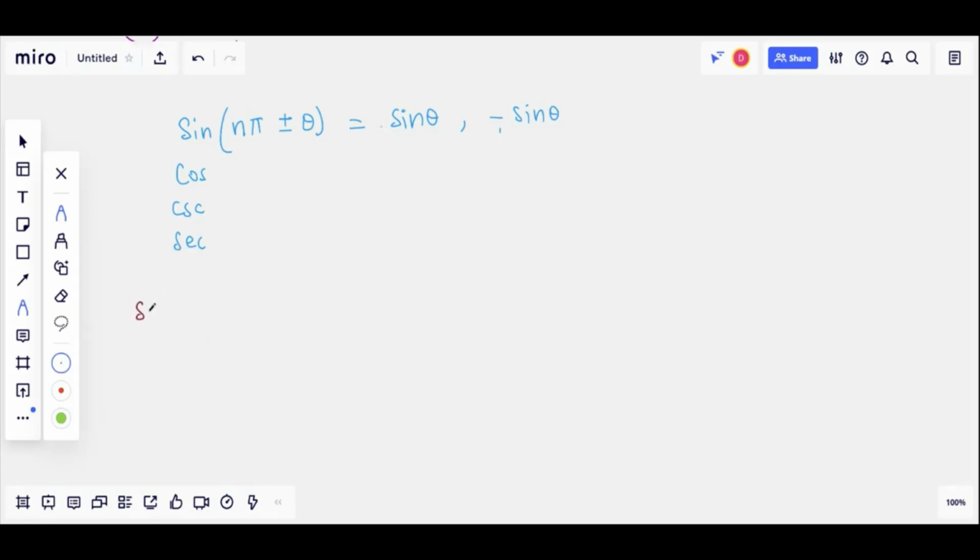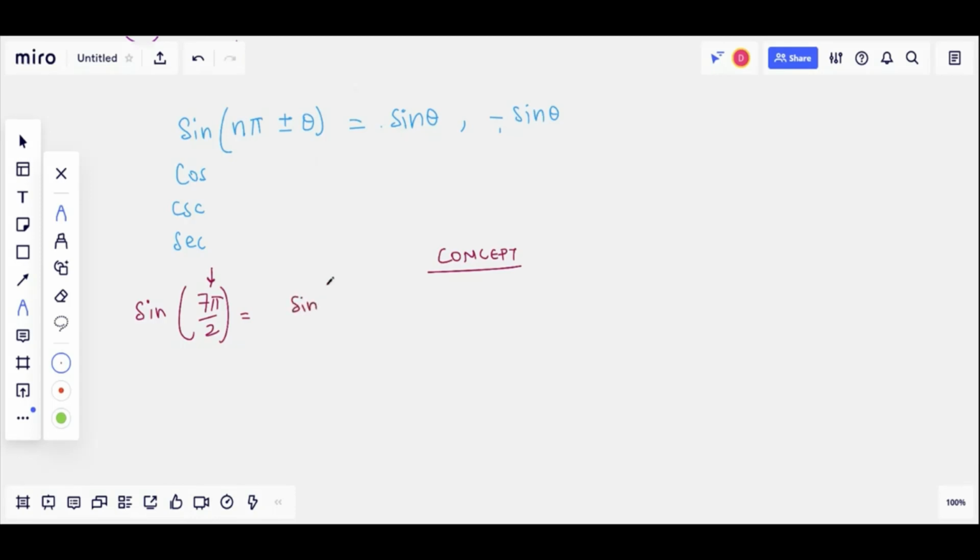Let's say, for example, we need to find the value of sine of 7 pi over 2. Treat this not as a question but as a concept, of how to approach such questions. The first step is we try to write this angle in this format: a multiple of pi plus or minus a certain angle.